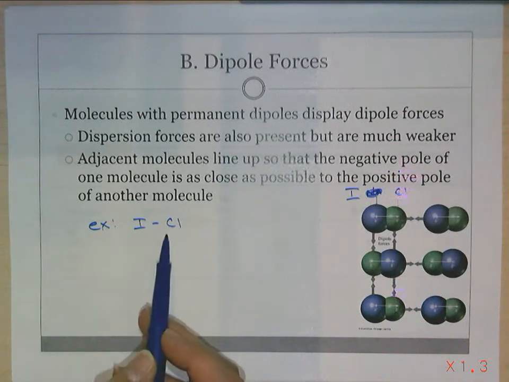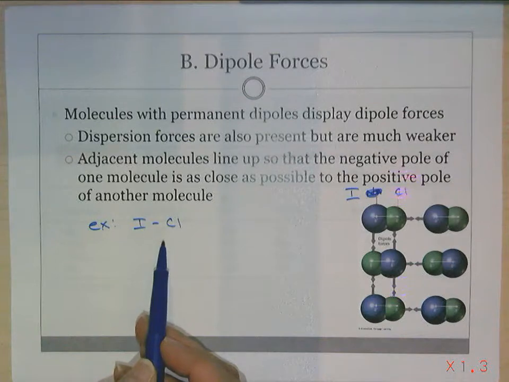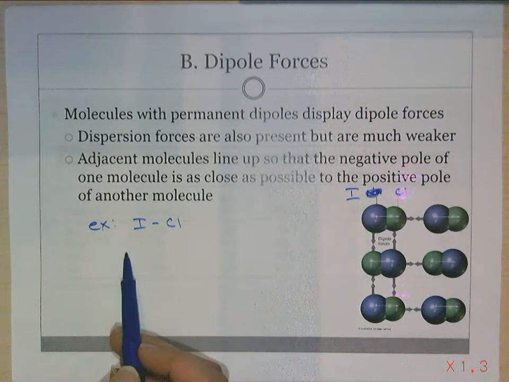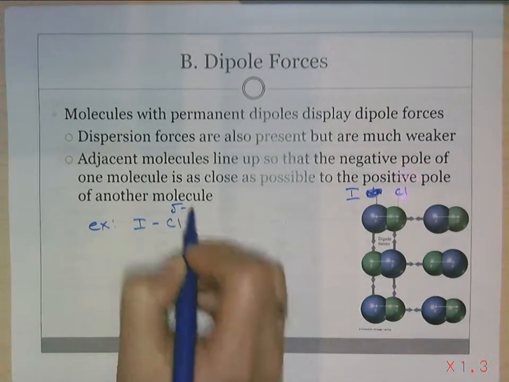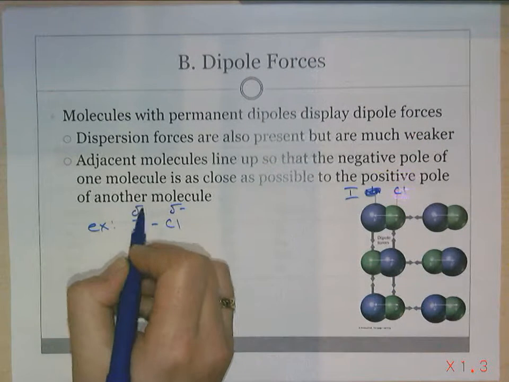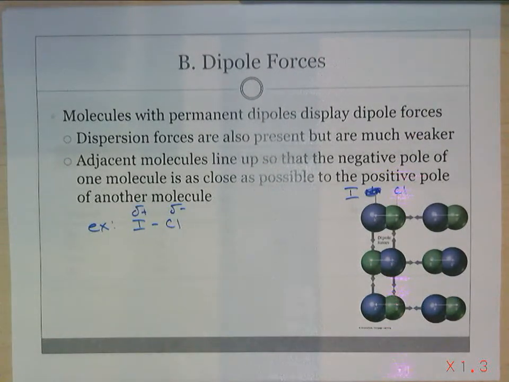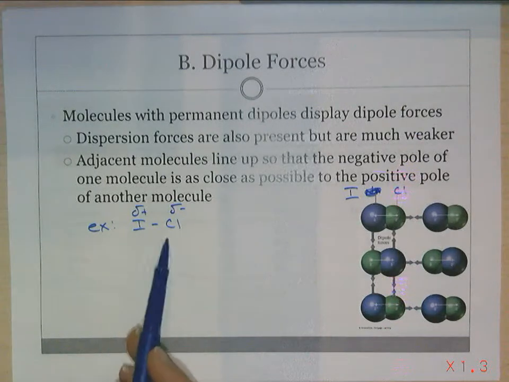In this case, chlorine is closer to the top of the periodic table than iodine, which means it has a larger electronegativity than iodine would have. So it would have a permanent dipole of sorts.